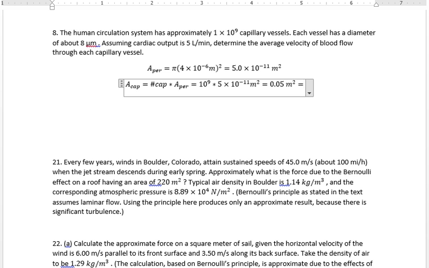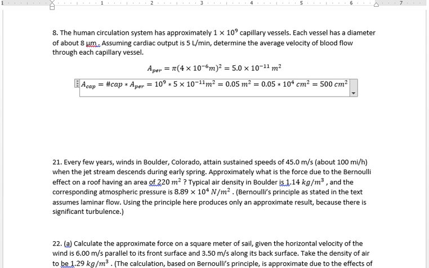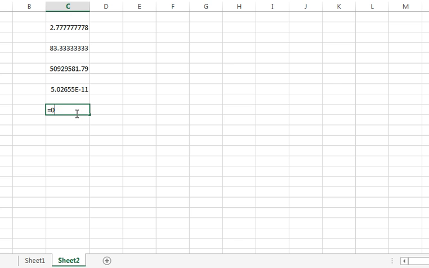To get to centimeters, a meter is 100 centimeters, so that's times 10 to the 4 to get centimeters squared. 0.05 times 1e4 gives us 500 square centimeters.